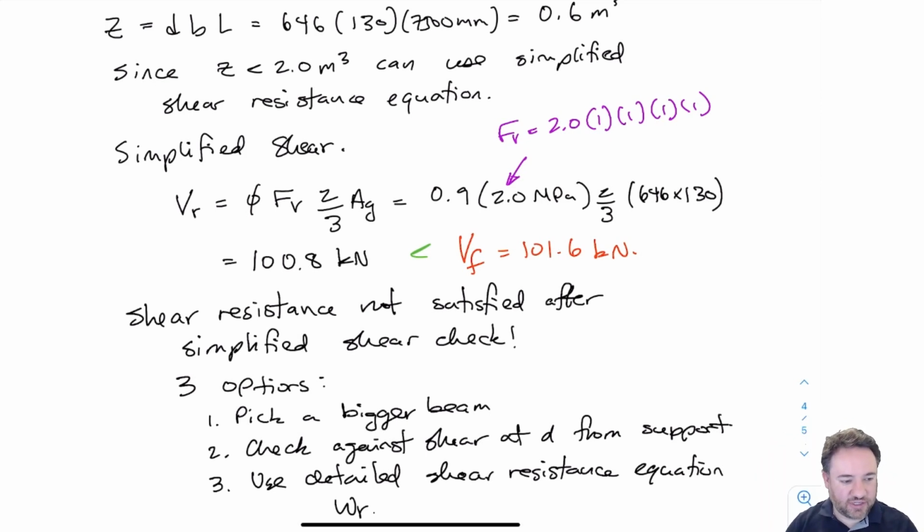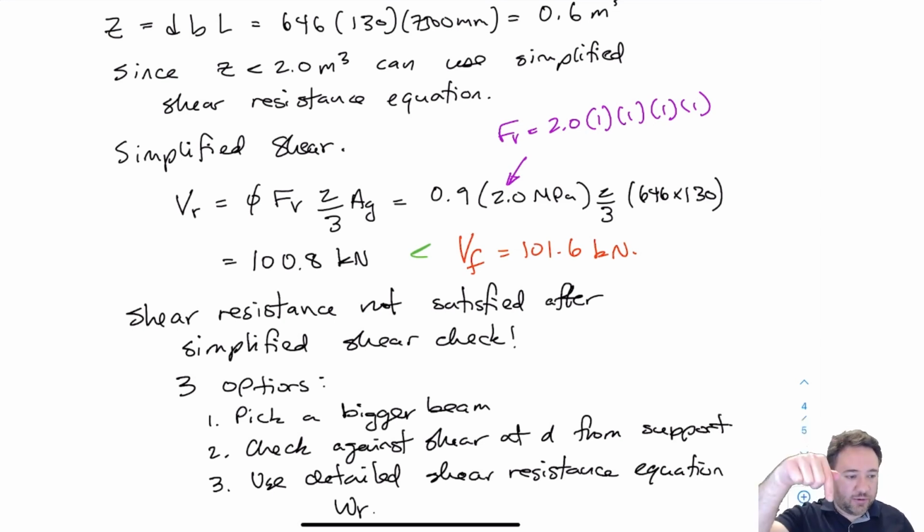So the standard allows us to actually check V_f at a distance d away from the support, which is the depth of the beam. In this case, that's 646 millimeters, so that will reduce our shear a little bit, probably, depending on our loading condition, obviously. In some cases, that won't change anything.